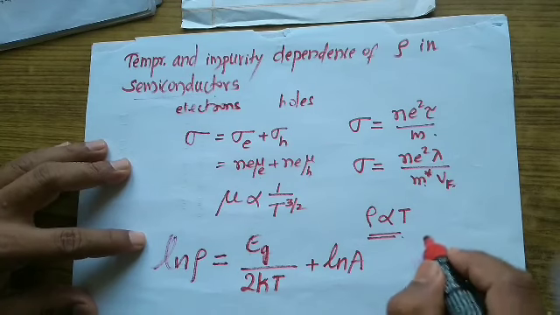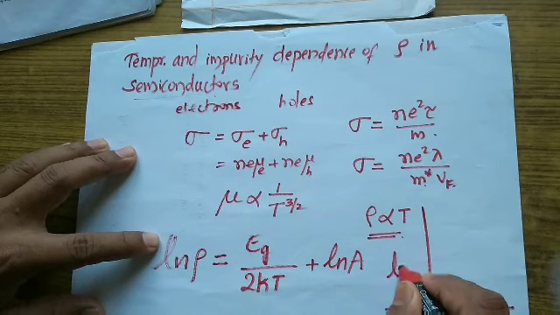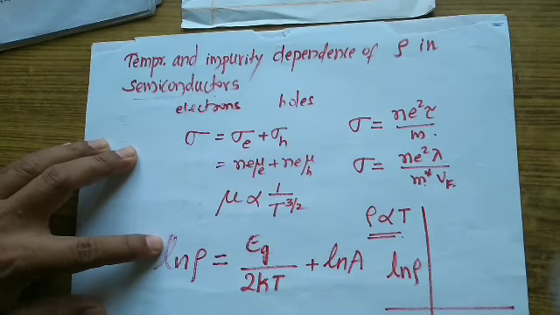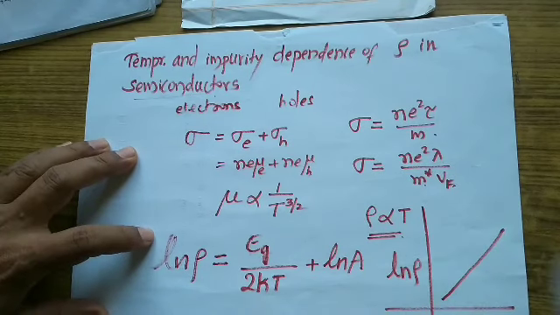When the natural log of resistivity is plotted against 1 by T, this equation suggests there should be a linear relationship. That means with increasing temperature, resistivity decreases.